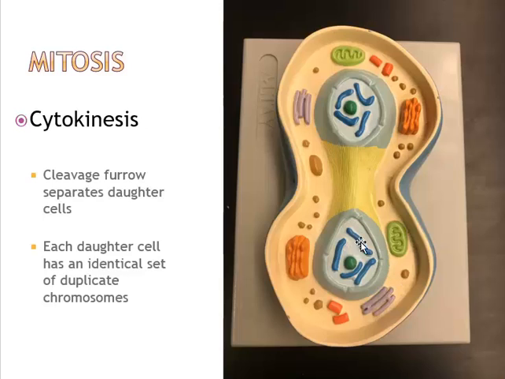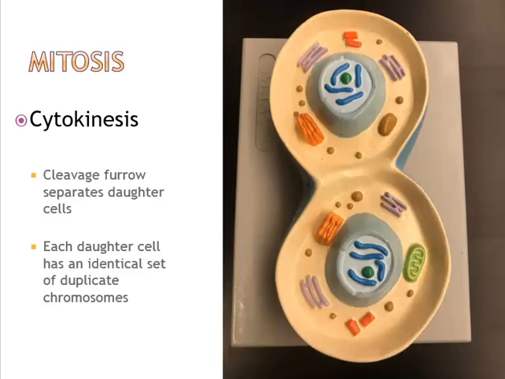We see our chromosomes starting to lose their distinct shape, yet we still see our spindle fibers. However, with our cytokinesis, a cleavage furrow begins to separate the daughter cells. So you can see this cleavage beginning to form to separate these two daughter cells. Each daughter cell has an identical set of duplicate chromosomes.